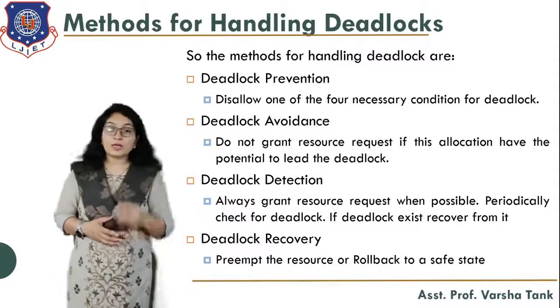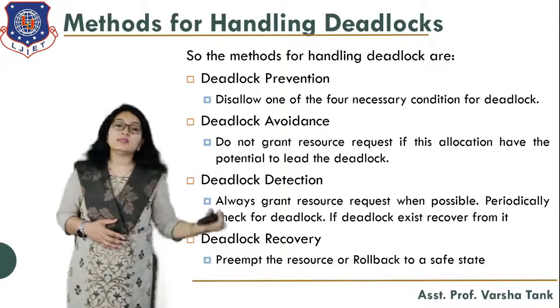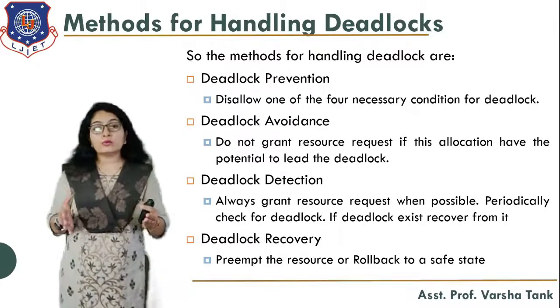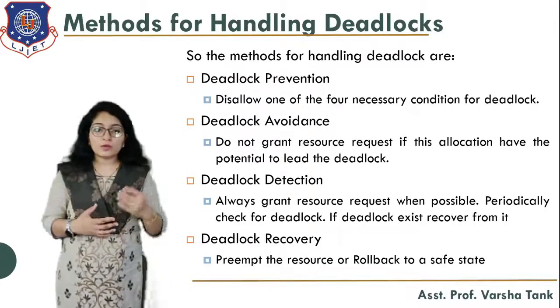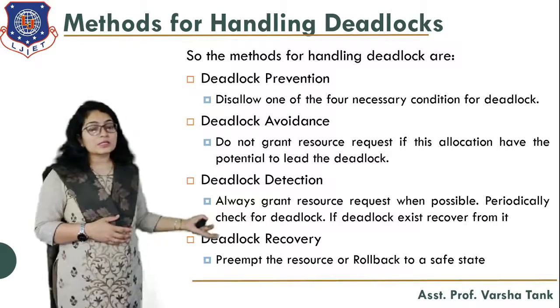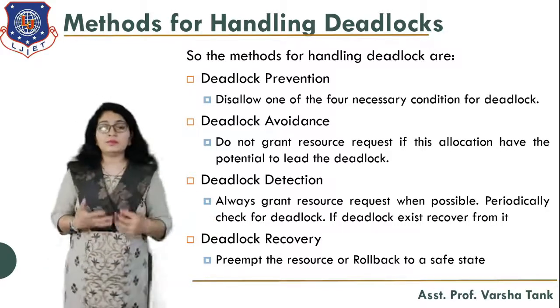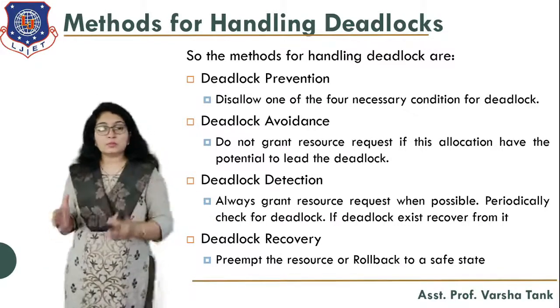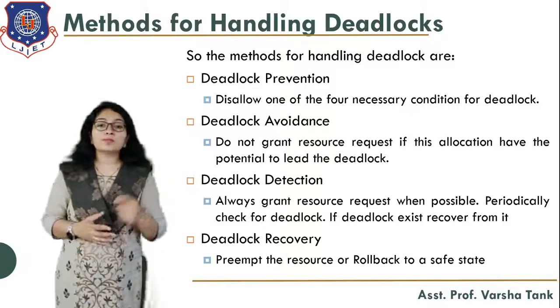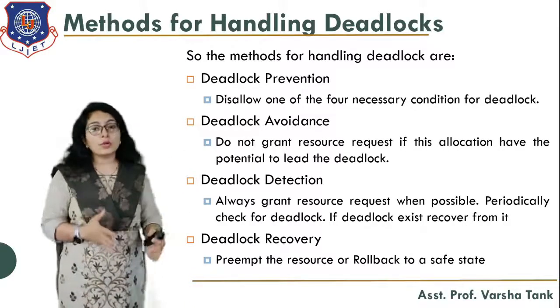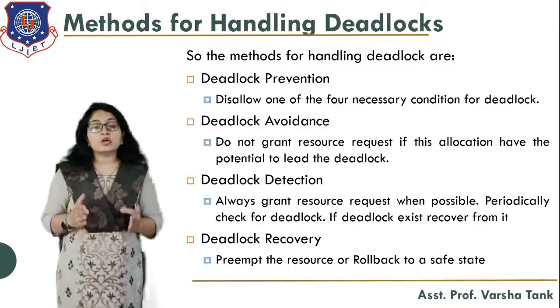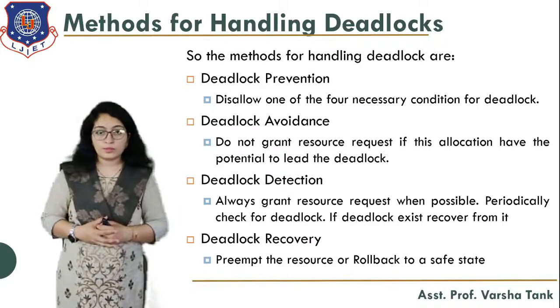Then next is deadlock recovery. If the system enters the deadlock state, then what do we have to do? We have to recover from the deadlock. There are two solutions. Preempt the resource, that means forcefully preempt the resource from the processes which are holding the resource and not making any fruitful progress.